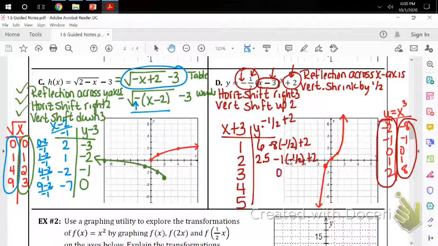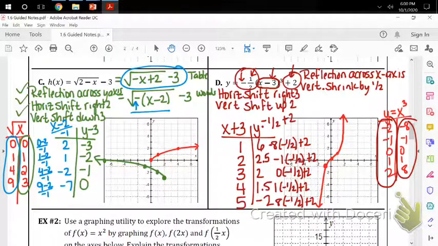Then we have 0 times negative 1/2 is 0, plus 2 is 2. Then we have 1 times negative 1/2 is negative 1/2, plus 2 is 1.5. And then we got 8 times negative 1/2, which is negative 4, plus 2 is negative 2. All right, so make sure you got that down.